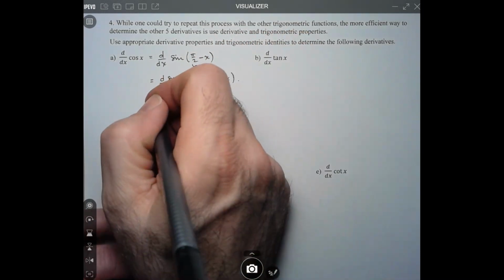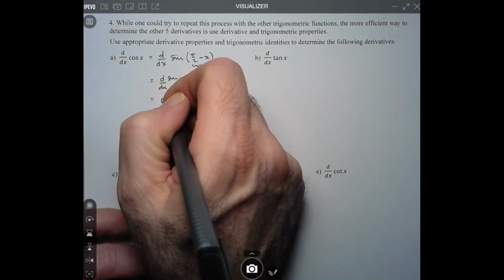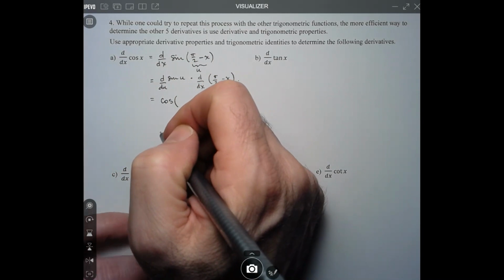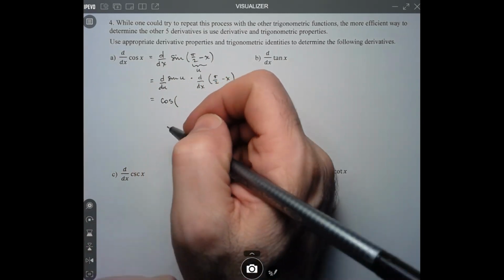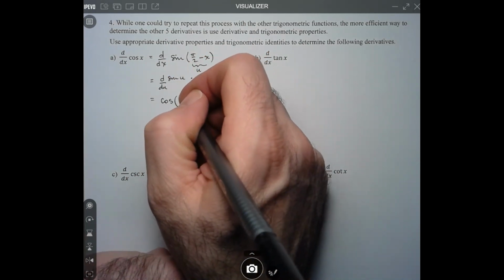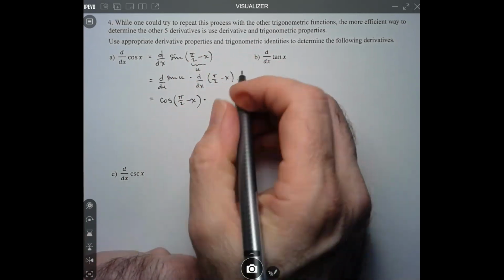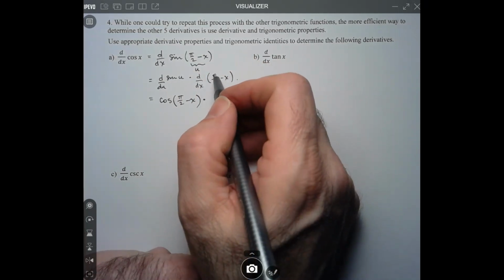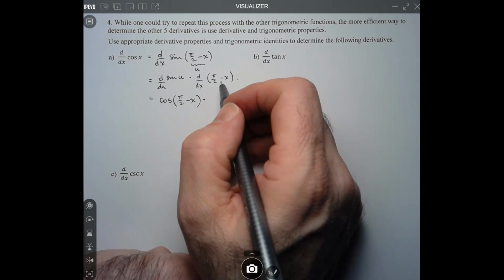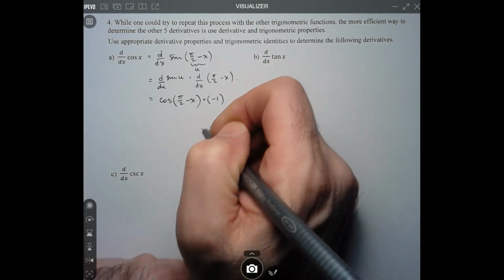Now we know that the derivative of sine u, as we determined before, will just be cos u. But instead of writing u, I'm just going to write cosine of pi over 2 minus x. And then this is a very easy derivative to take because pi over 2 is just a constant. So I'm just taking the derivative of negative x, which is negative 1.